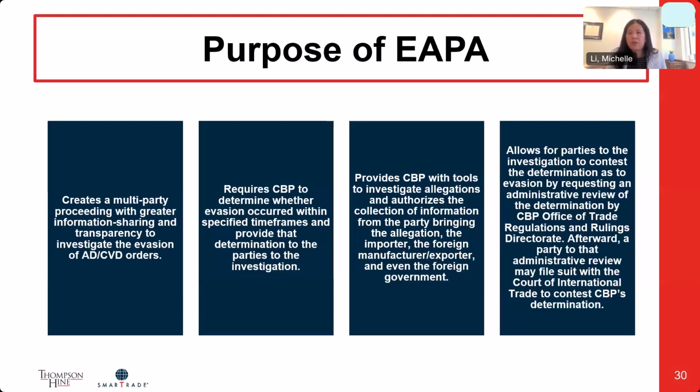It gives CBP tools to investigate allegations and authorizes the collection of information from the parties. And CBP has tools that Commerce doesn't have. For example, it can issue a CF-28 to get information that Commerce will not be able to get. And it allows the parties to contest the determination as in the Commerce investigation.